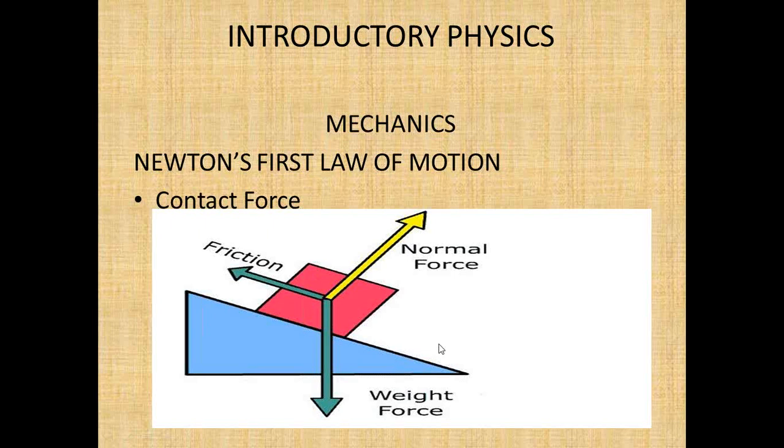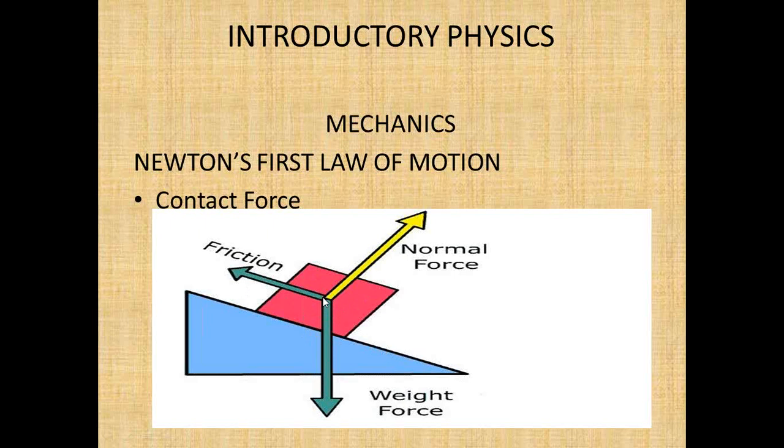Again, if you have an object on an incline, gravity is always straight down. Gravity is going to be vertical. Gravity is not going to be at any angle to anything. Because this object is on an inclined surface, the normal force is going to be perpendicular to the surface. Friction is going to be in the opposite direction to the motion, so if this object is sliding down the surface, the friction is going to be upward.